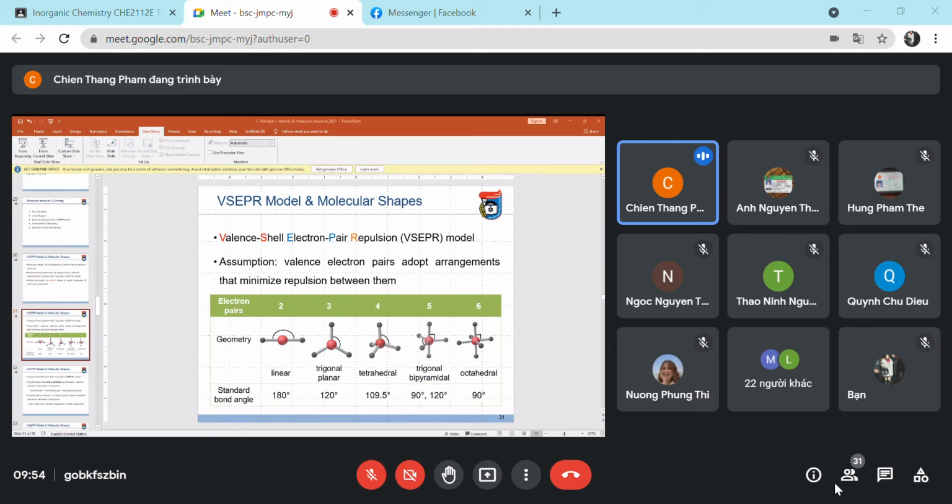That is why the repulsion between lone pairs is strongest, the weakest is between bonding pair and bonding pair, and in the middle is between lone pair and bonding pair.